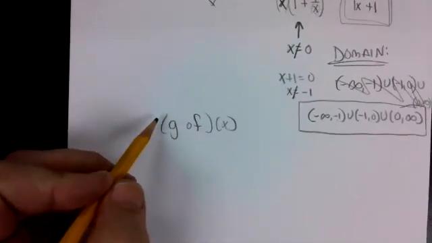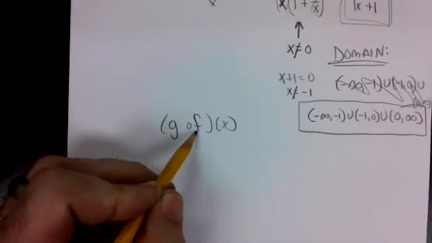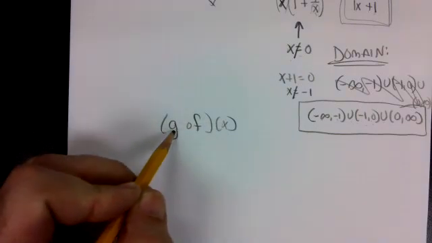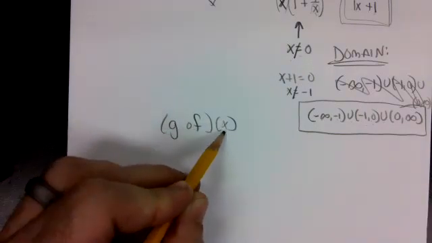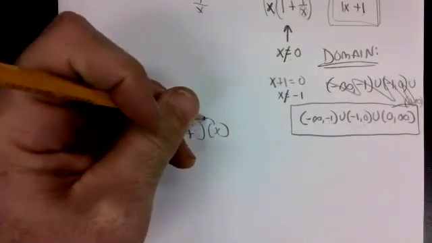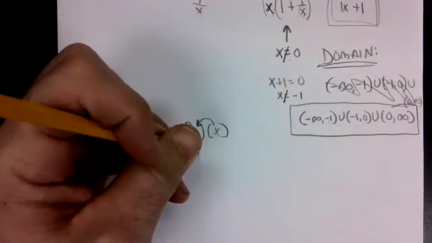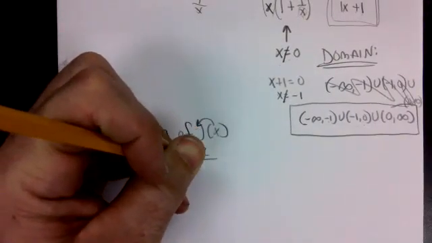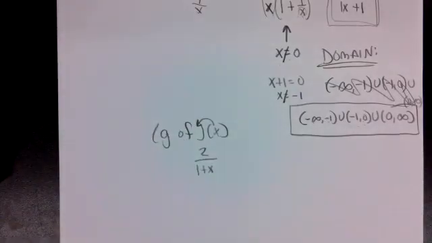Okay. Similar problem, just working in the other way around. So in this case, we're finding the g of f of x. That f of x is 2 over 1 plus x.